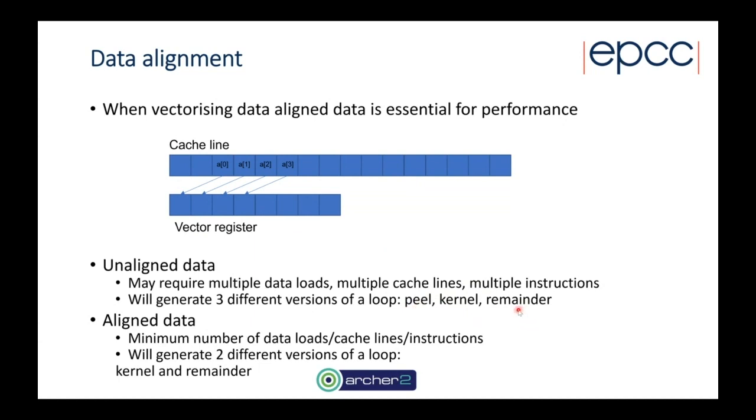The peel loop is to say, okay, your data is not aligned, so I'll do the first however many elements of your vectorization in serial, in non-vector instructions, until we get up to a point where your data is aligned on a cache line boundary or on a vector register boundary. And then from there, I'll start doing vector operations. So that's the peel loop. That's at the beginning, if your data is not aligned.